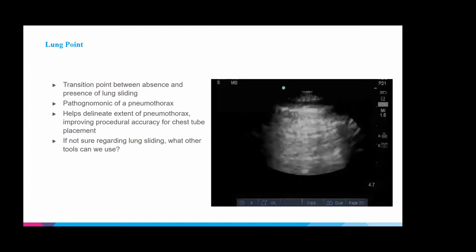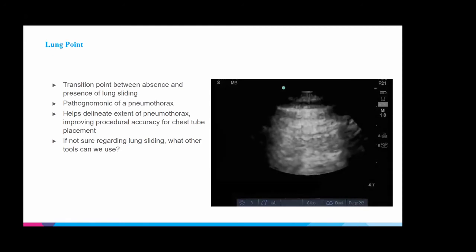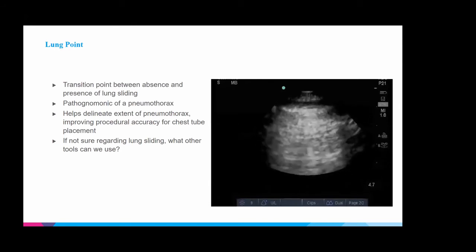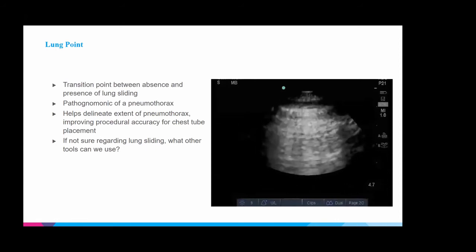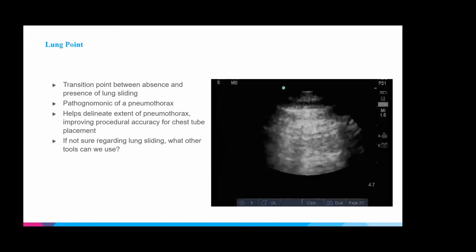The seashore, yep. And then the seashore sign means what? There's lung sliding. Yep, okay. And what would be the absence of lung sliding? The barcode sign. Barcode, yeah, excellent.